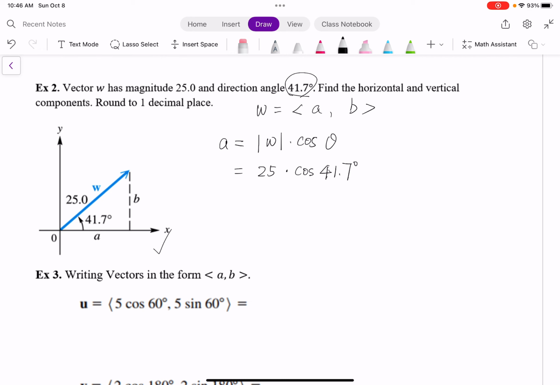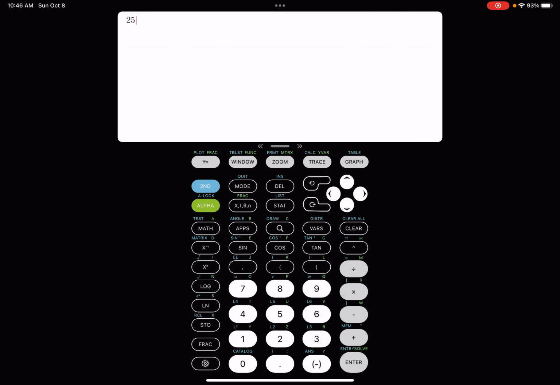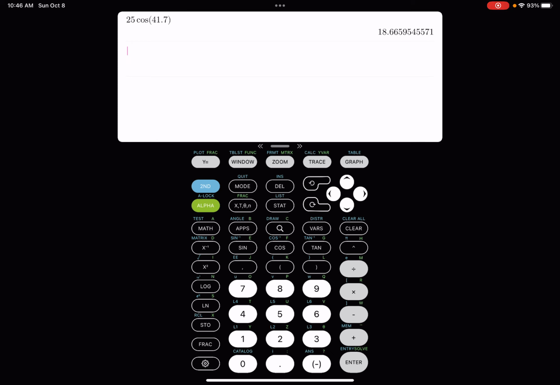So 25 times cosine 41.7. Make sure you have the degree mode. If you do not have degree mode, we can set up the mode to degree. All right, we got 18.66. If we round to one decimal place, we have 18.7.